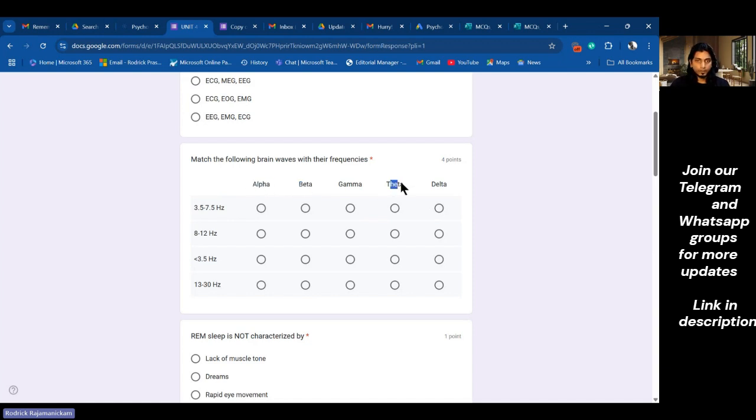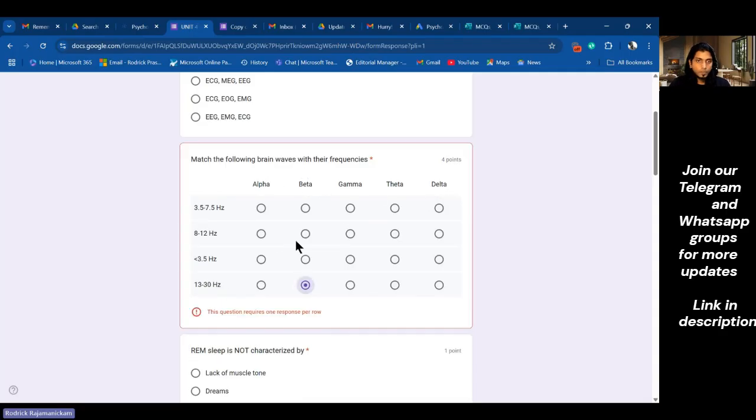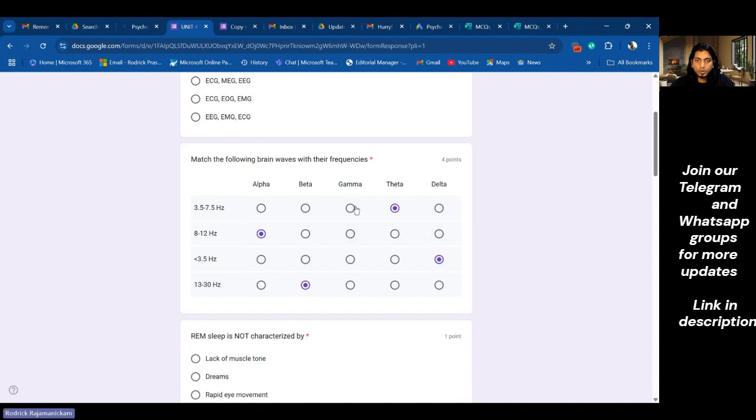Then we have theta when you actually start sleeping, and delta is the waves in deep sleep. Beta is around 13. Alpha is less than 13, about 12. Theta is around 7.5 to 3.5, and delta is much less than that. So gamma is not an option here.